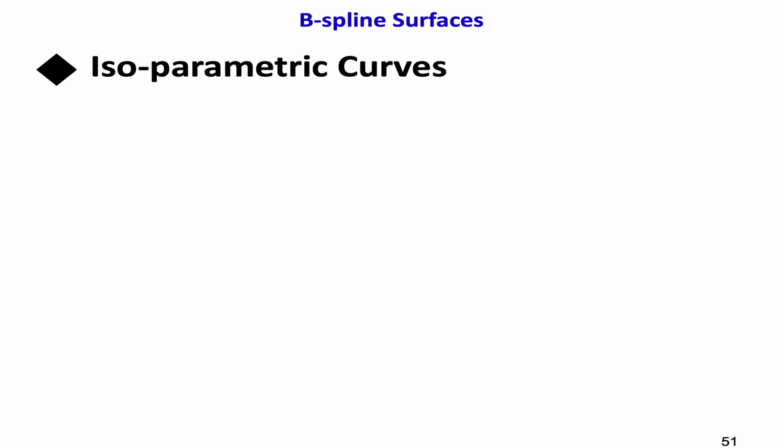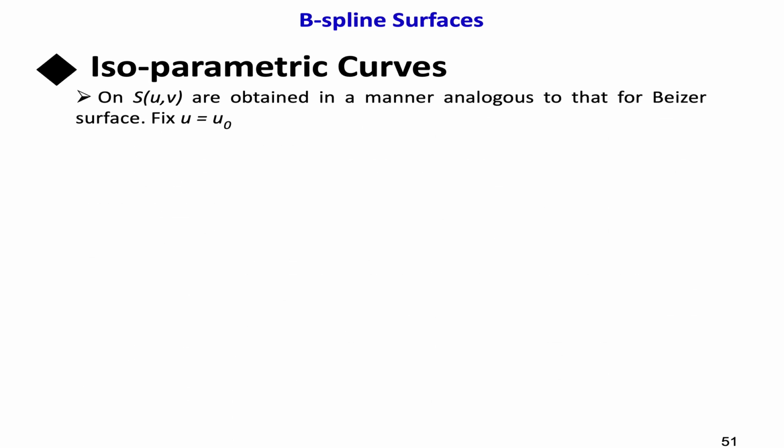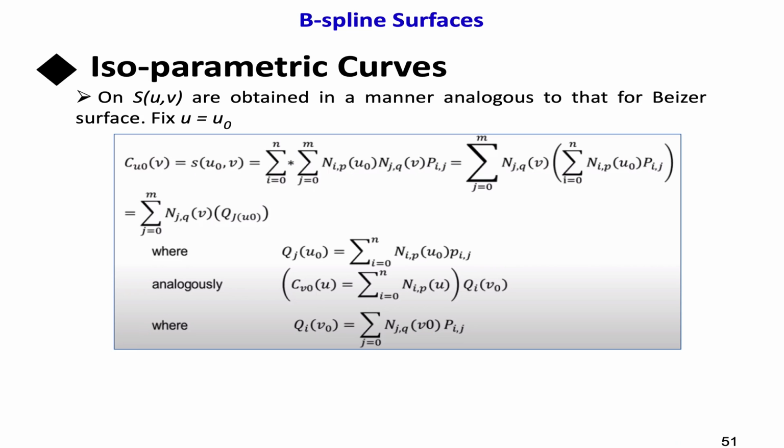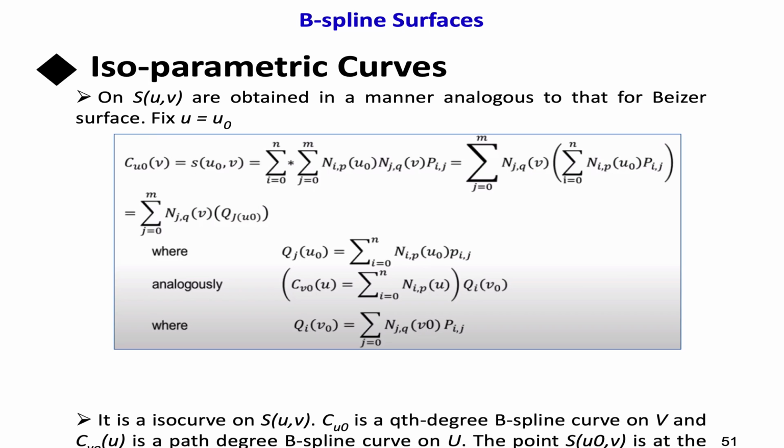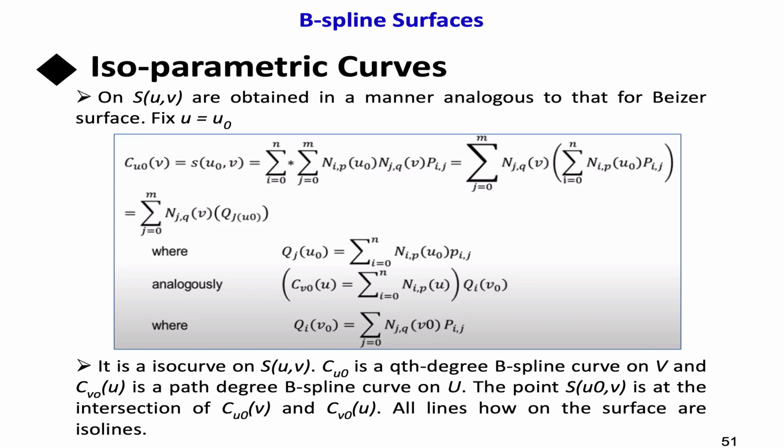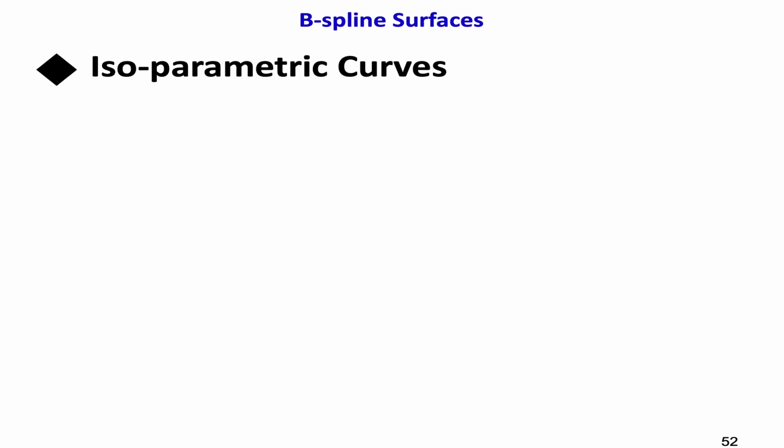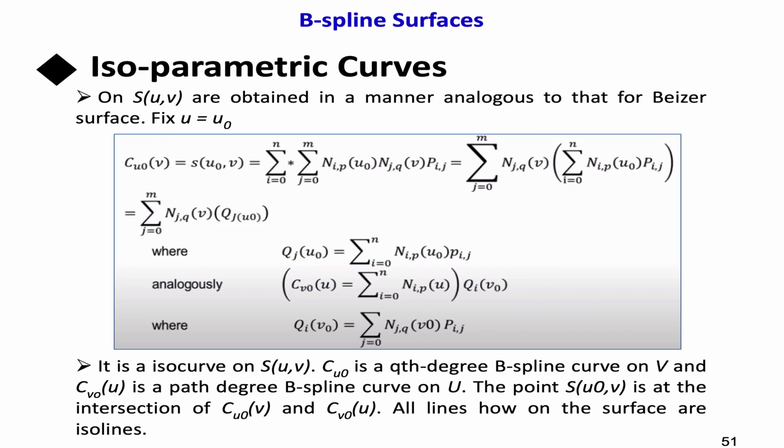Then we will discuss isoparametric curves. B-spline surfaces are obtained in a manner analogous to Bezier surfaces, and if we fix one parameter of the B-spline surface, we get an isocurve. C_u0(v) is a B-spline curve in v, and C_v0(u) is a B-spline curve in u.